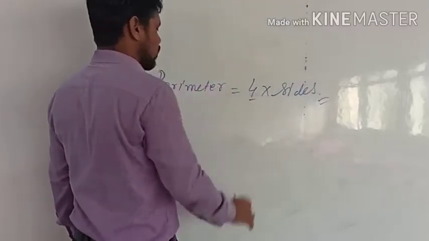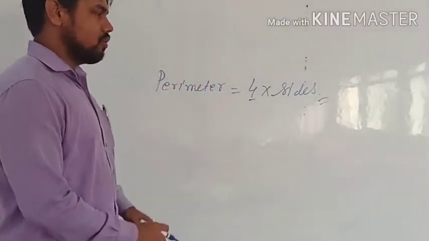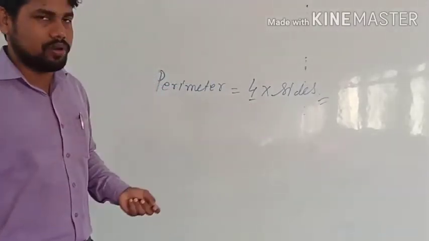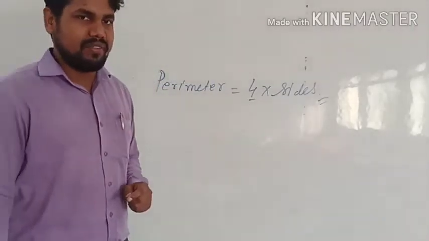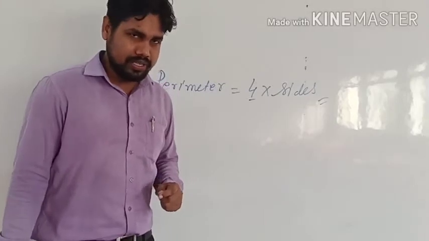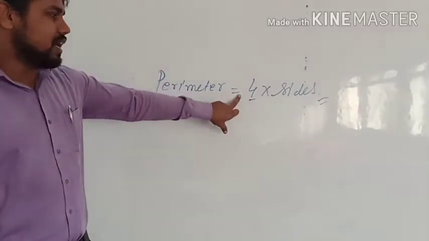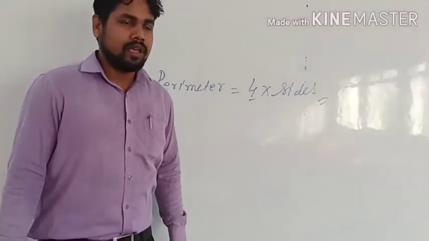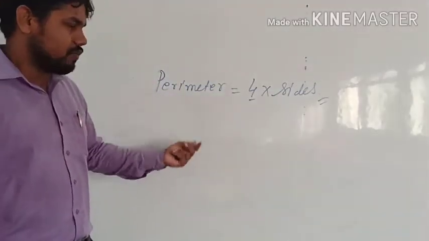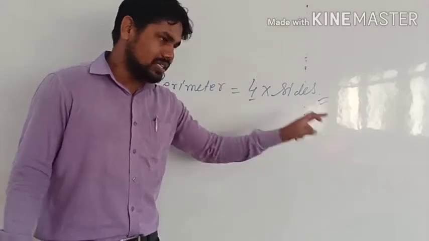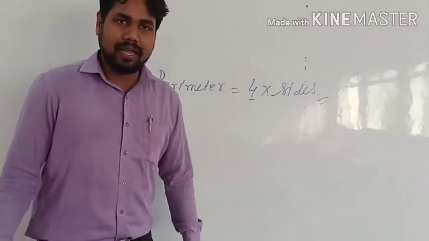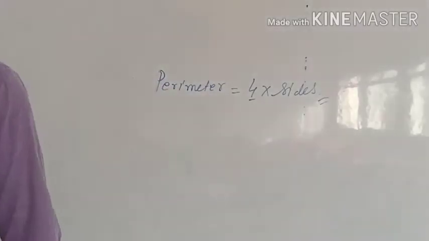Here 4 is the fixed value, 4 will be for all the numbers, and whatever the size, we multiply it by 4, and then we can find the perimeter of that region. If you want to find the perimeter of a particular region, you have to add all the sides, all 4 sides. So here it is 4 multiplied by side.